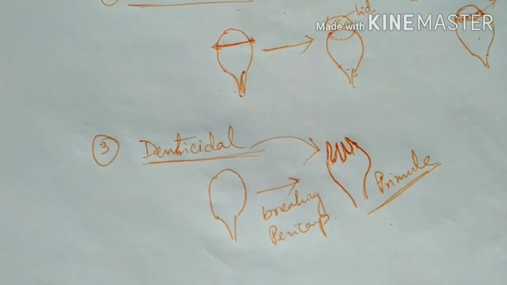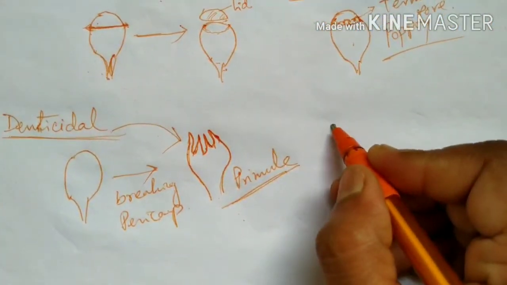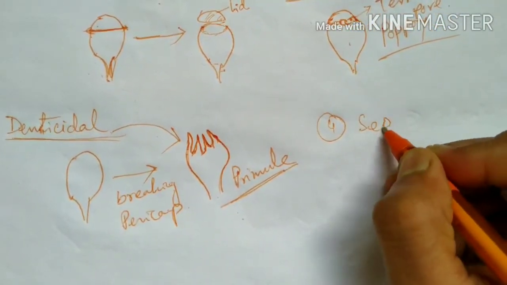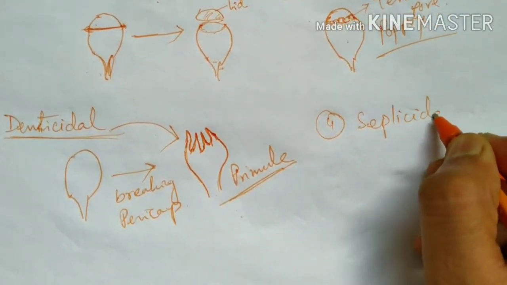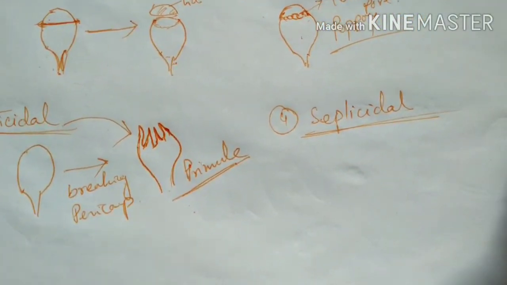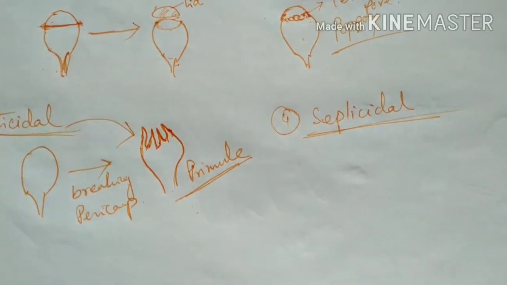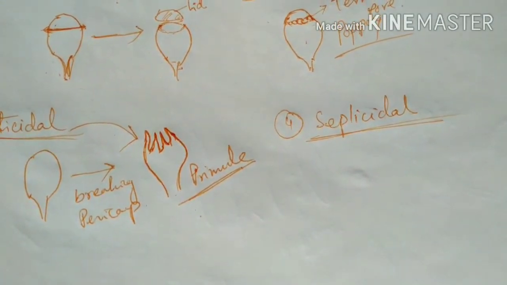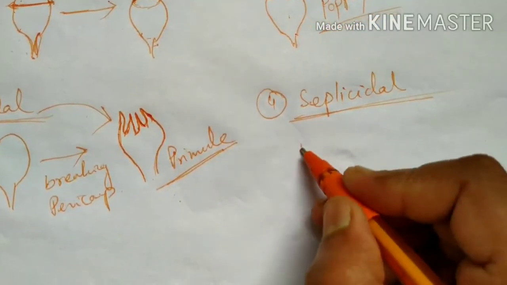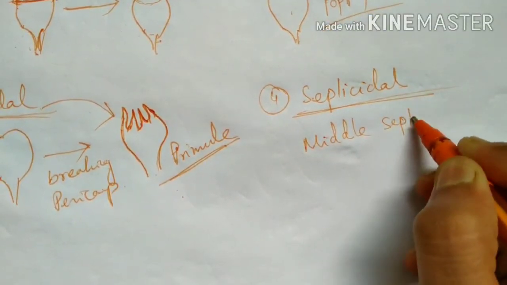Now the last type, fourth type. This is septicidal. So in case of septicidal, the capsule splits along the middle septa. So from middle septa, right?